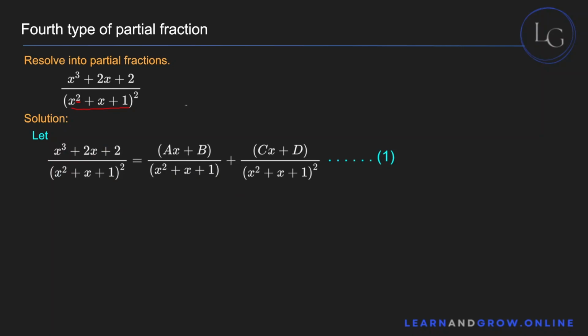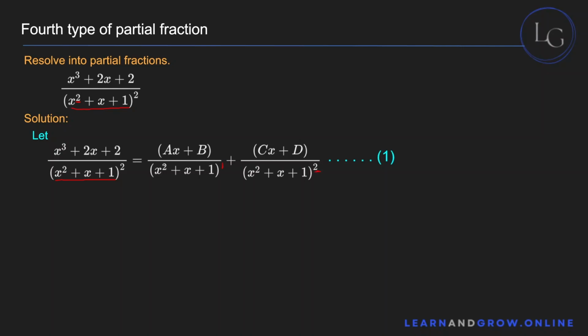Well, as you know, we'll have the two partial fractions, one with this term being of the power of 1 and the second one having this expression with the power of 2.